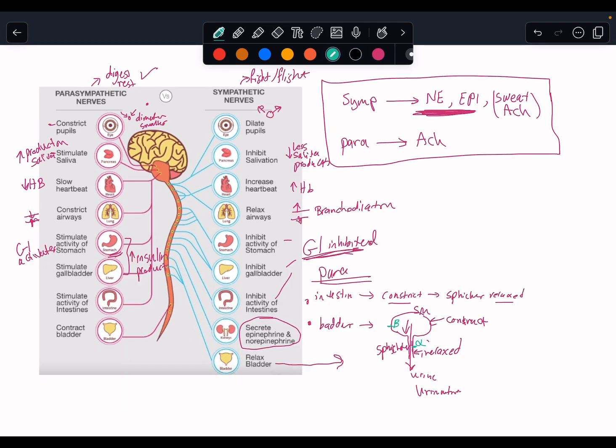So for the intestine, it will be stimulated, which means when the intestine is stimulated, it will contract and the sphincter muscle will be relaxed. And then the waste will be eased from the body. So imagine this is the intestine. This is the sphincter.